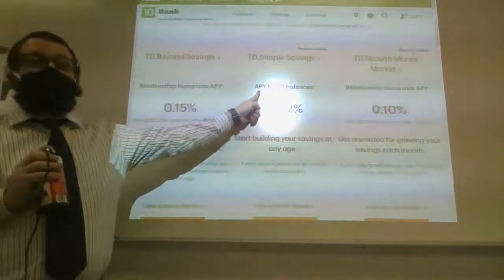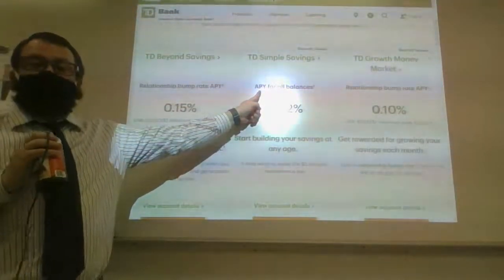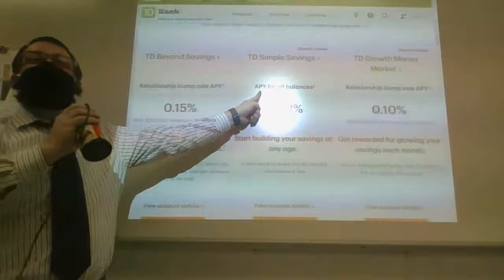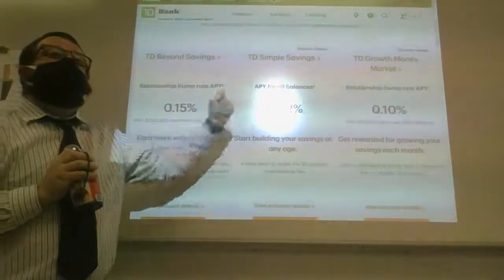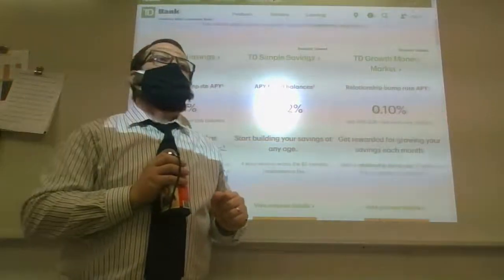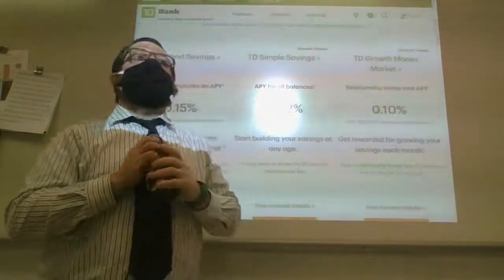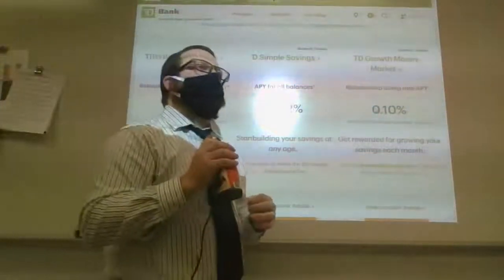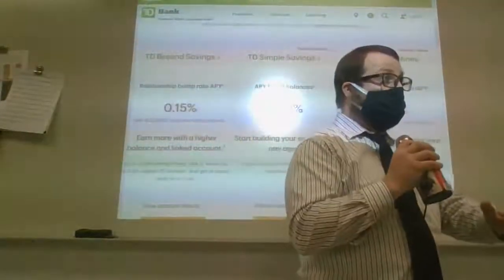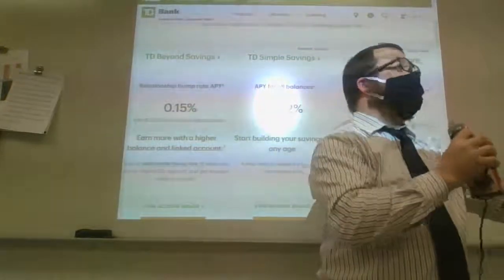APY. You're going to see this a lot. APY stands for annual percent yield. Annual percent yield. Good question. APR is typically something that you would pay in interest when paying off, let's say, a car.